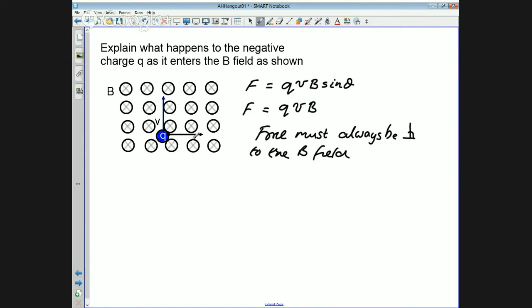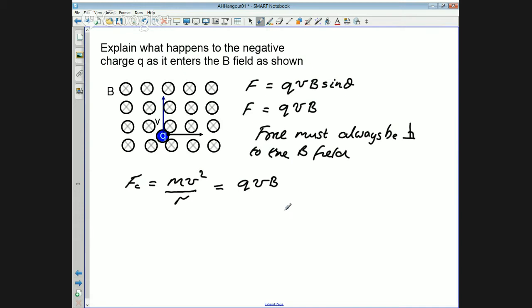So you're going to have a circular motion here. And when we have circular motion, we must have a centripetal force. And the centripetal force, Fc, we know is equal to mv squared, its speed, divided by r. And in this particular case, that must be equal to the force experienced by the particle, qvB.